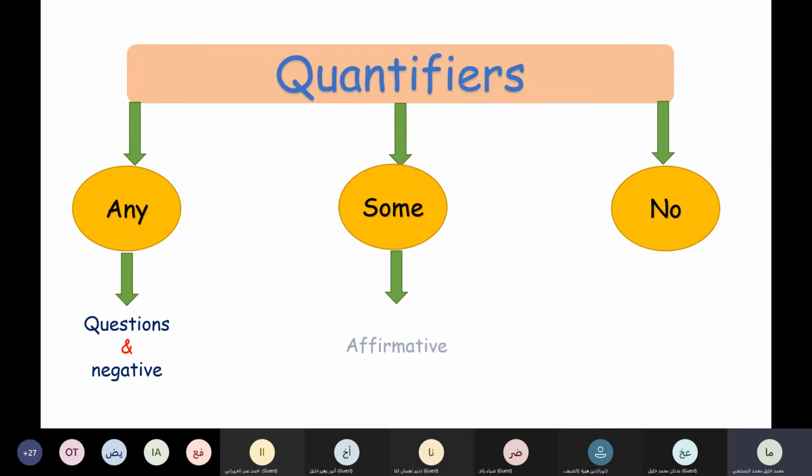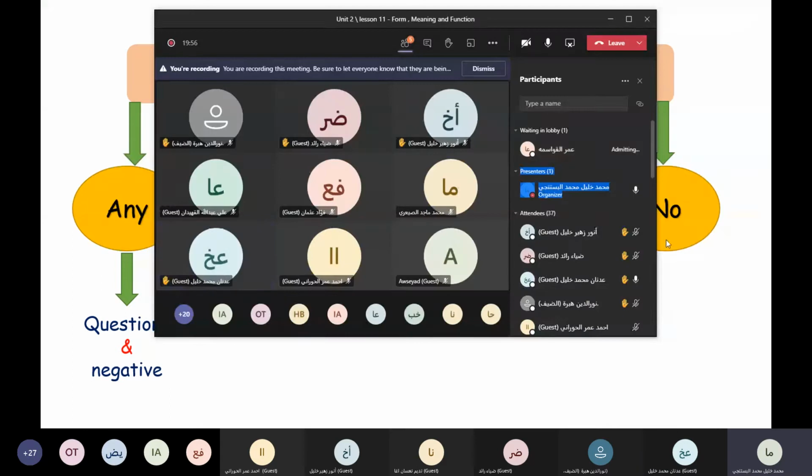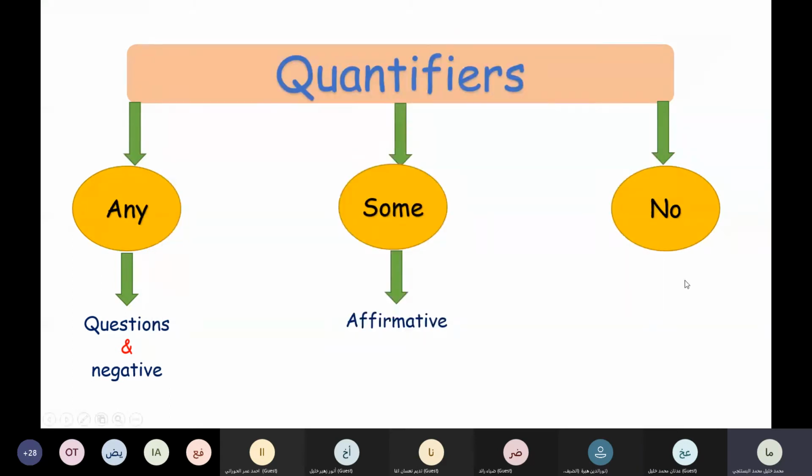Some is used with what? Affirmative sentences. Also, we can use some with offers and requests, like, would you like some coffee? Can I have some tea? This is a request or an offer.